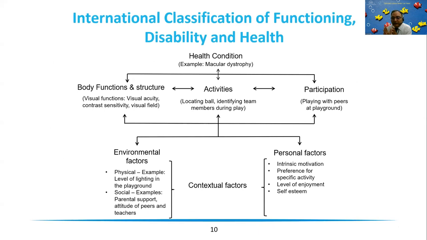WHO has given this International Classification of Functioning, Disability, and Health that can be applied across any health condition to understand how it impacts the functioning of an individual. The first area here is the organ level impact. So say if we take the example of macular dystrophy, where is it affecting at the organ level?